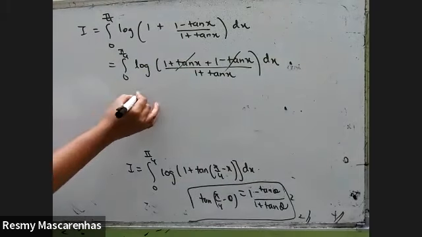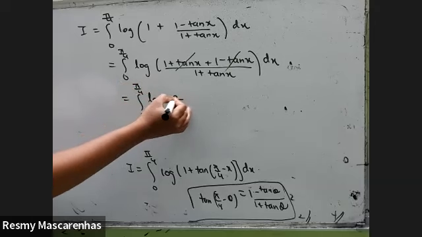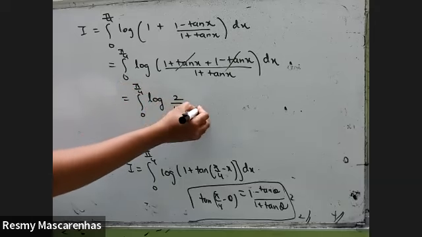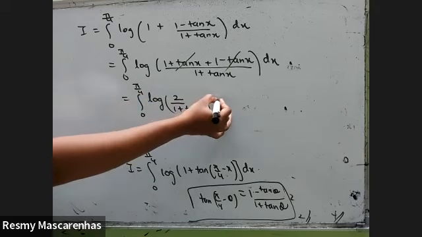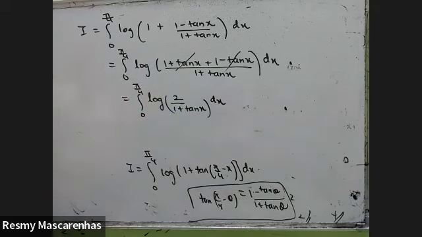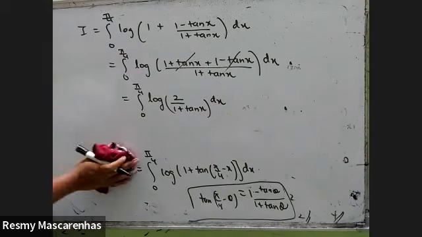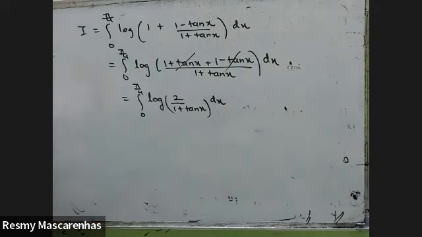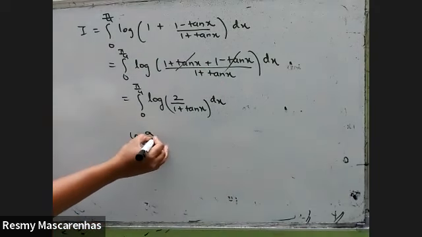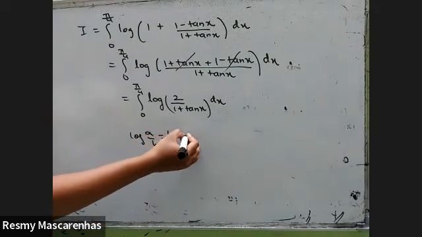The answer will be 0 to pi by 4. We know that log of a upon b is log a minus log b.